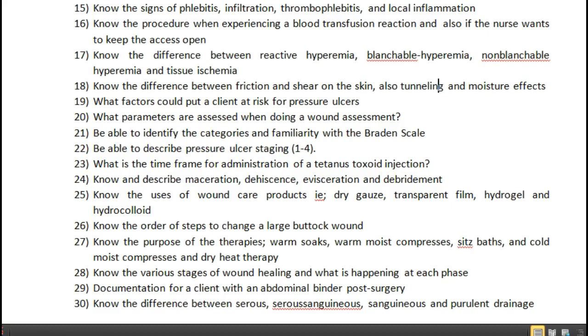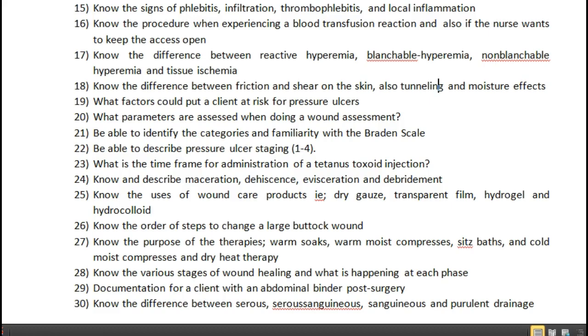For example, if the head of the bed is elevated, gravity causes the bone to pull toward the foot of the bed, while the skin remains against the sheets.